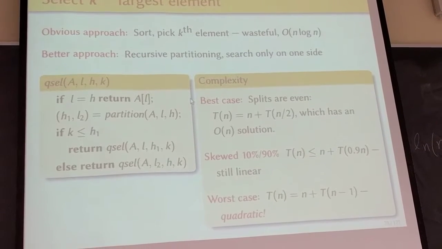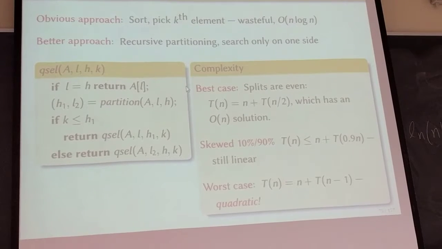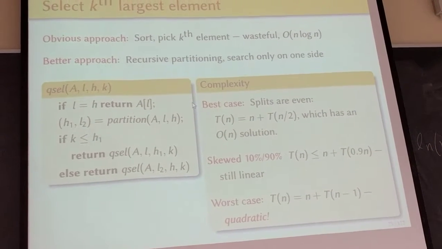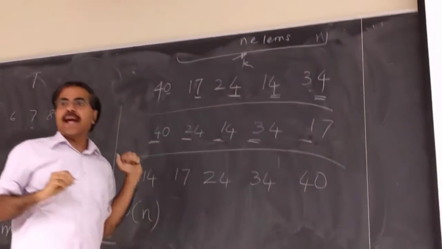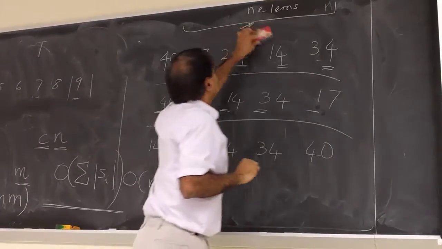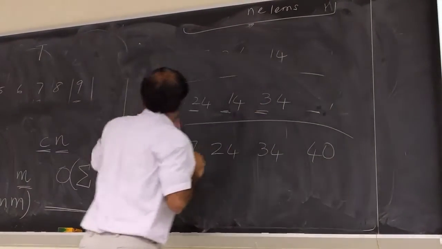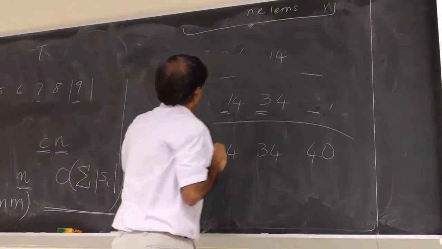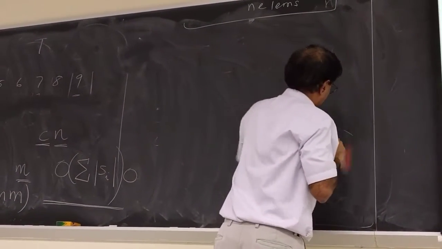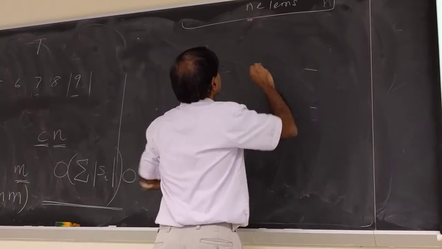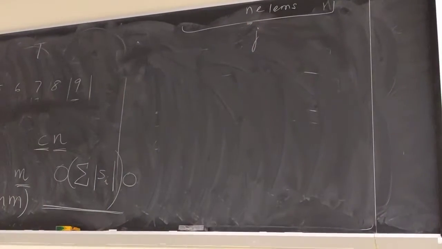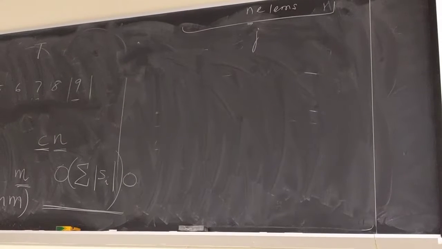So you have n elements. So let's say you generate a j at random, right?